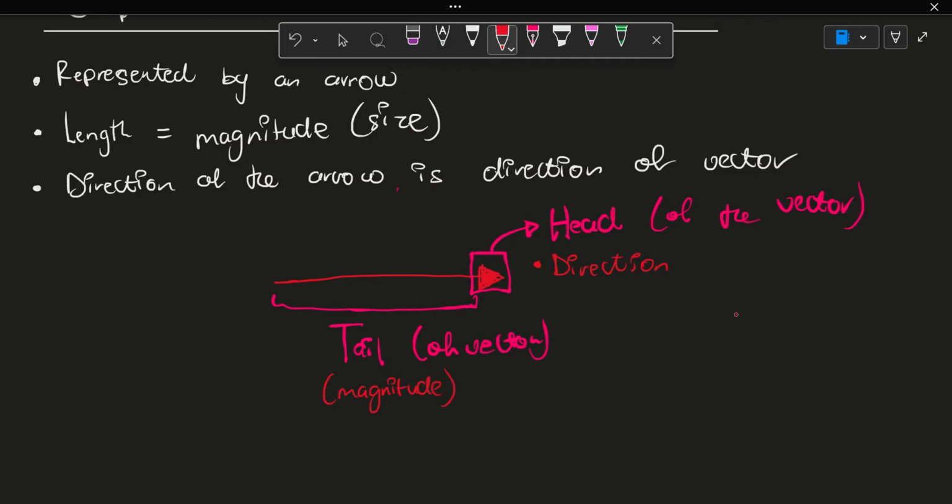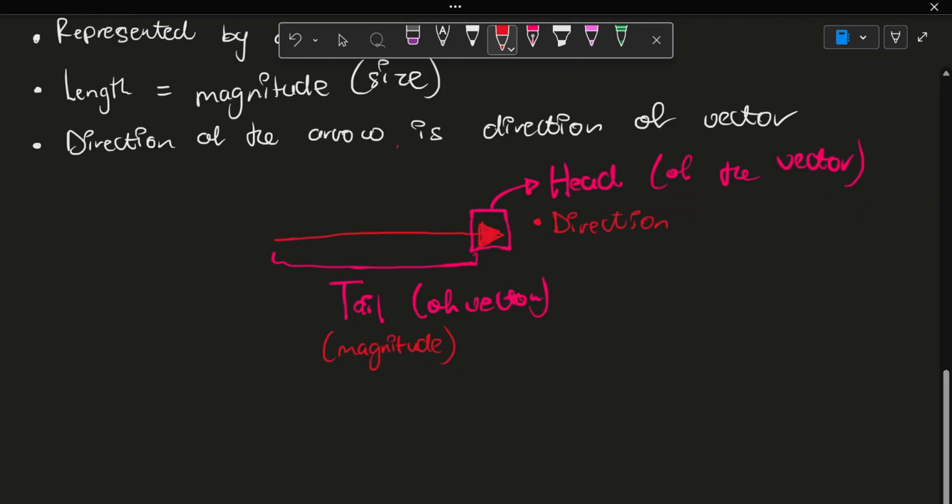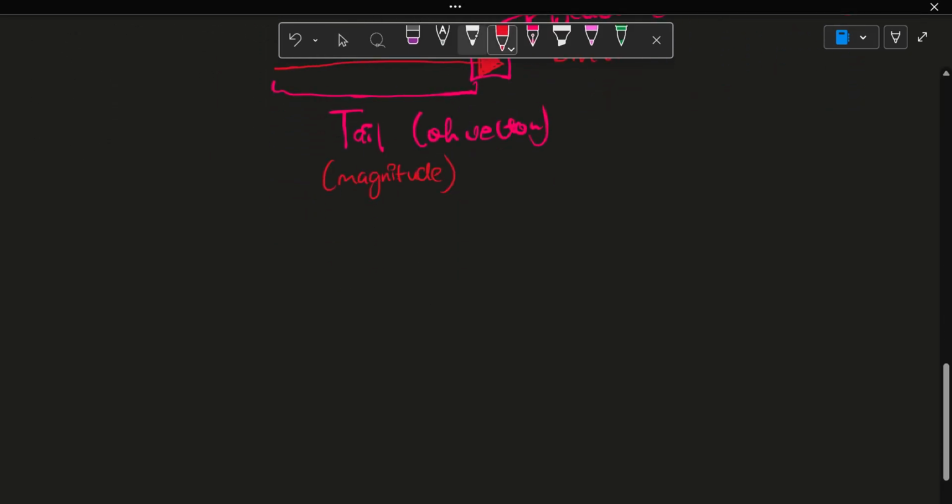So this is how you draw a typical vector. And another thing that I want you to have, just a quick NB. NB is a very important point. You need to make sure that you choose a direction as positive.